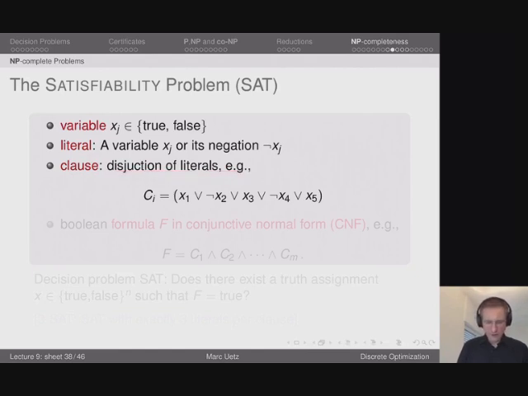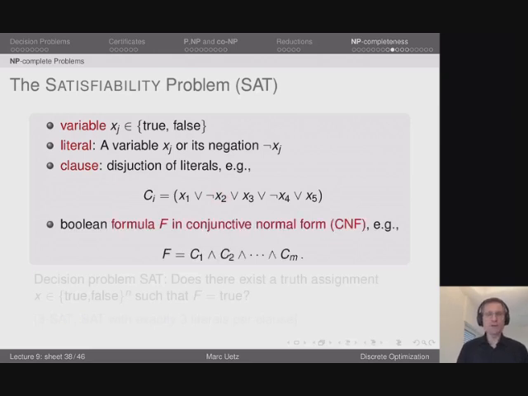So here's an example of a clause called ci, the ith clause, which contains the literals x1, not x2, x3, not x4, and x5. And such a clause can be fulfilled by fulfilling any one of these literals. So this clause ci would be true if x1 is true, it would be true if x2 is false, and so on.